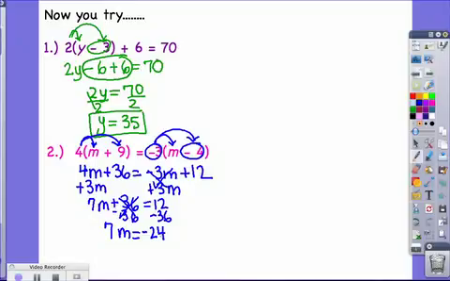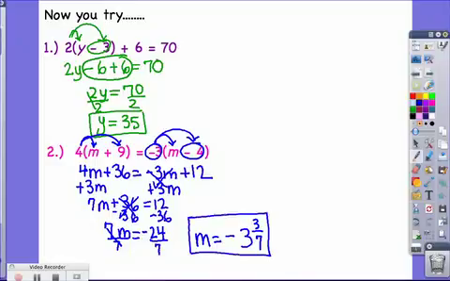Find the value of x. You may remember from previous courses that these are called vertical angles and that they're equal to one another. So 6x plus 3 would equal 8x minus 21. I gather all of my x's on one side.